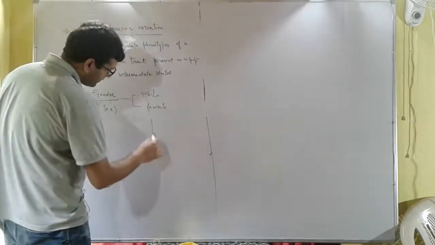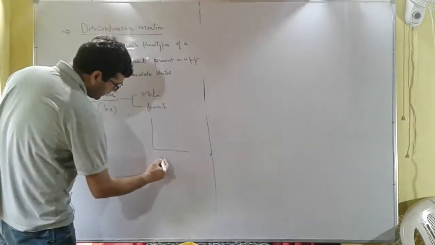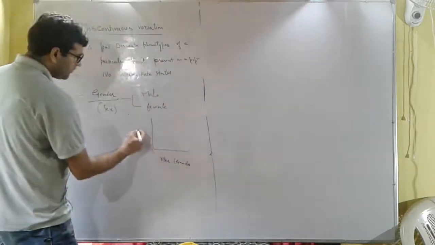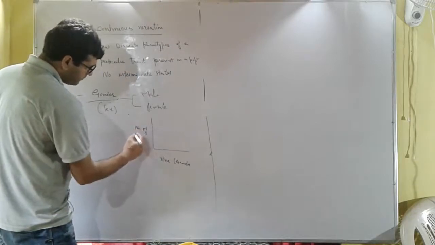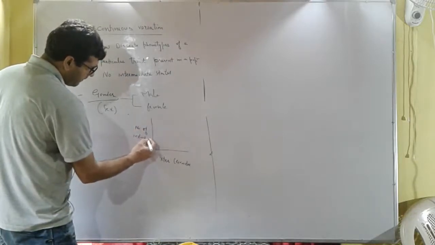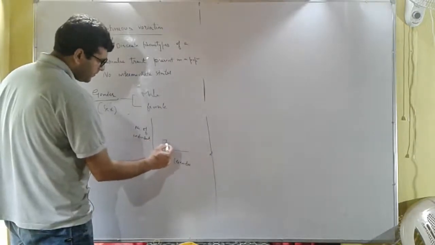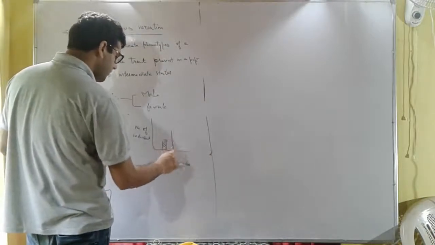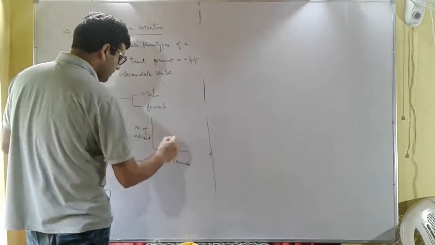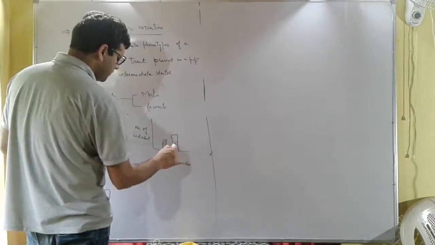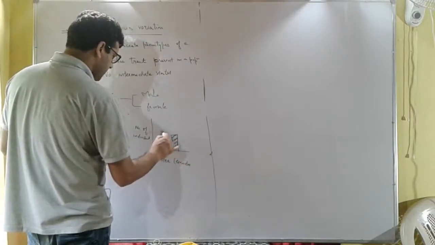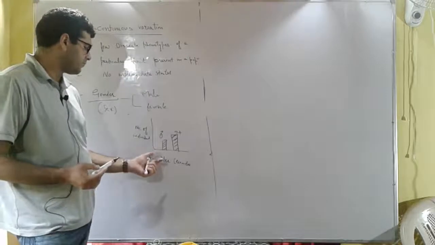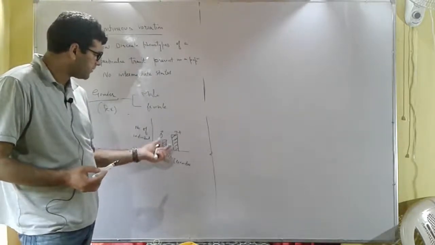The graph would be like this: the character is gender, and this is the number of individuals. An individual can be either male or female. So this is male, this is female.